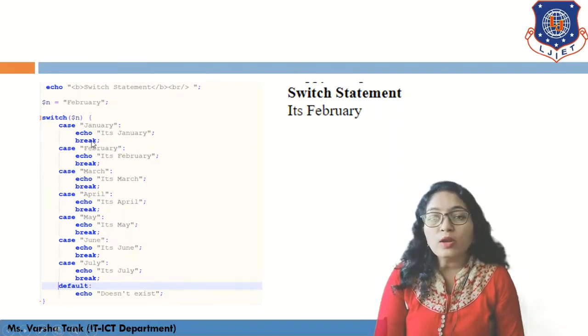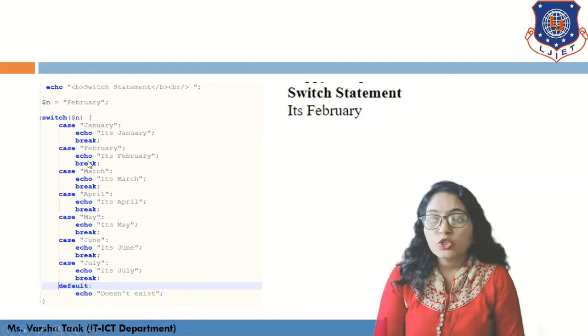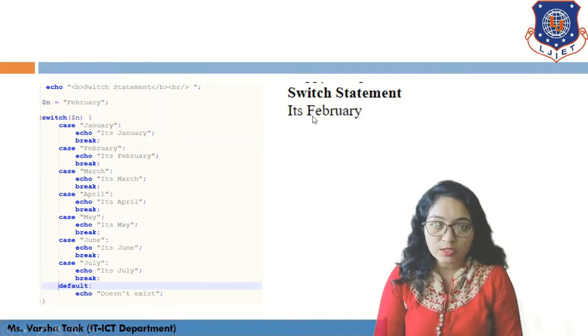If we do not write break, it will execute each and every statement from the case where the match starts. Okay, so here our case is February. So it will match with this case February, echo it's February and break. So it will just display it's February.